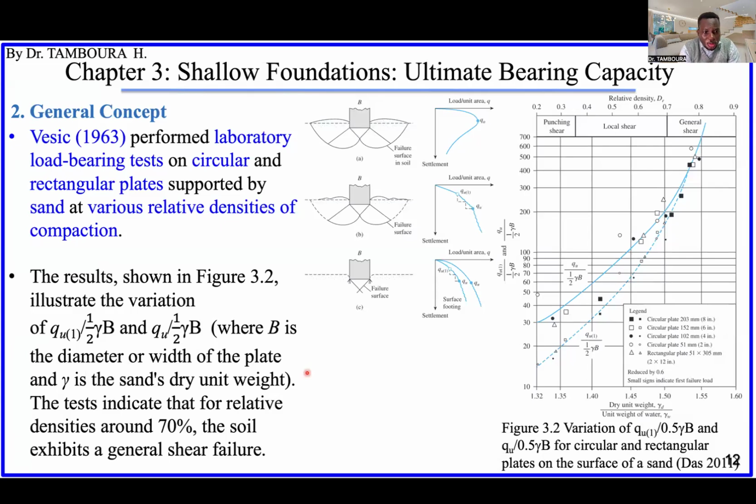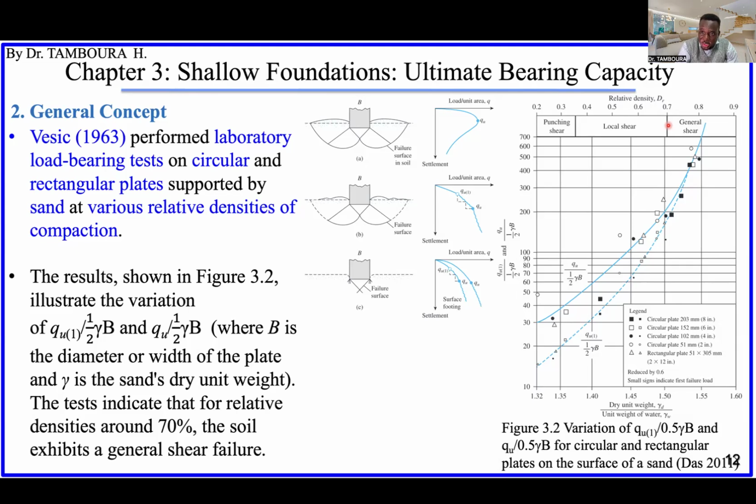And we test, it shows that for relative density around 70%, the soil will exhibit a general shear failure. You can see here, around here, 70%. Please, if you forgot what relative density is, go back to chapter 1. I don't remember which video, but it is there.